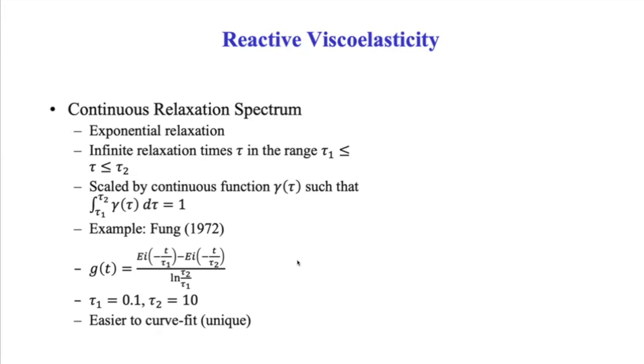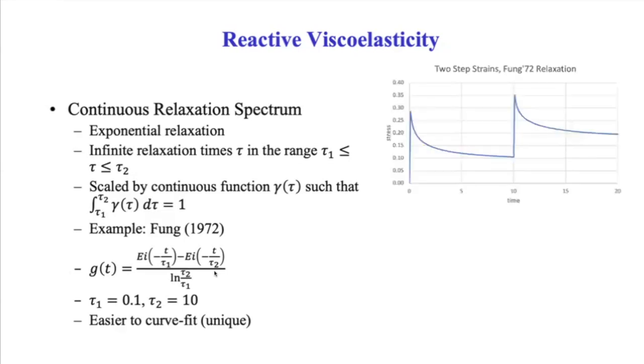However, in viscoelasticity theory, continuous relaxation spectra have also been described, and in theory can also be used in quasi-linear viscoelasticity, but in practice, they're not numerically efficient. However, our reactive viscoelasticity framework lets you do a continuous relaxation spectrum. For example, Y.C. Fung in 1972 proposed this particular relaxation function, and so I'm going to illustrate it to you. The nice thing about a continuum spectrum relaxation function is it doesn't necessarily reach steady state quickly.